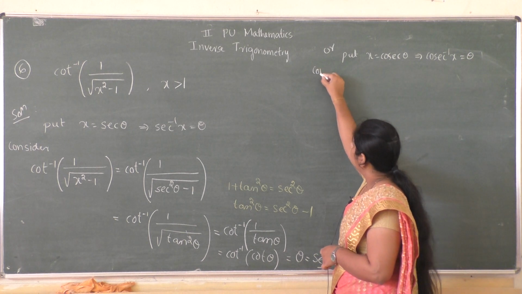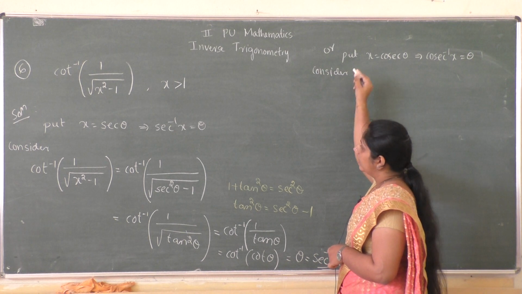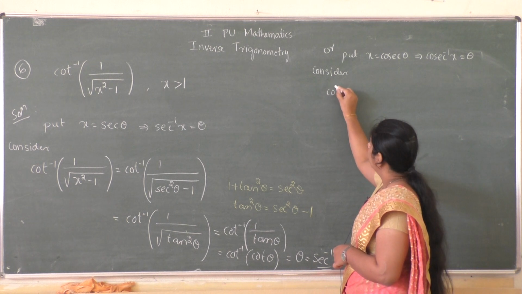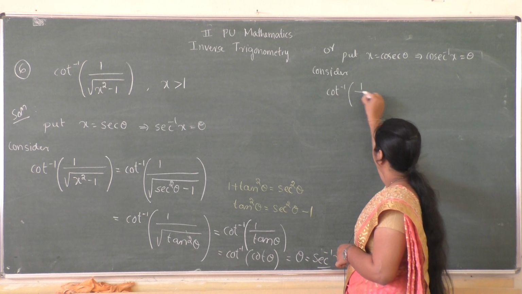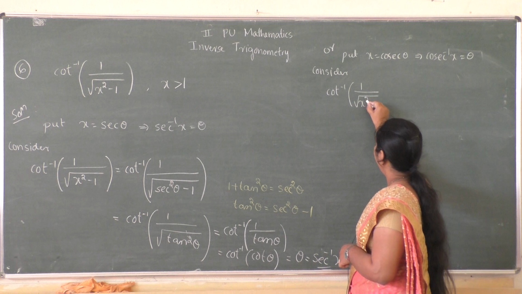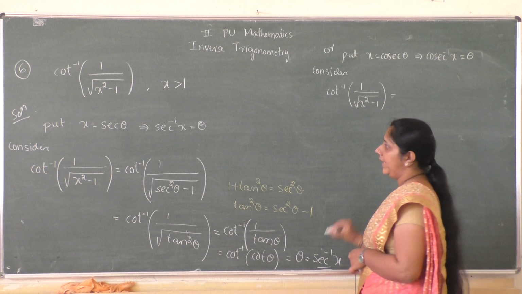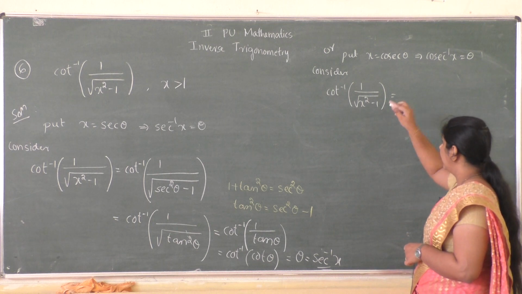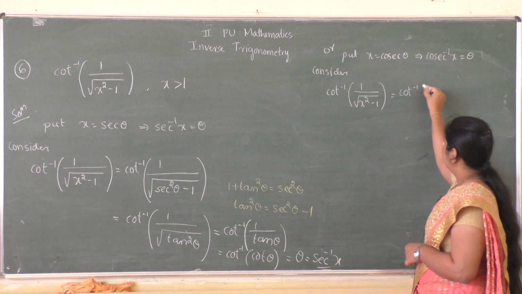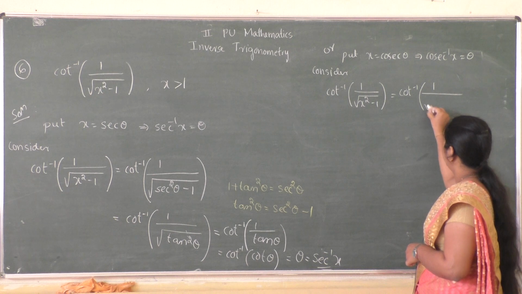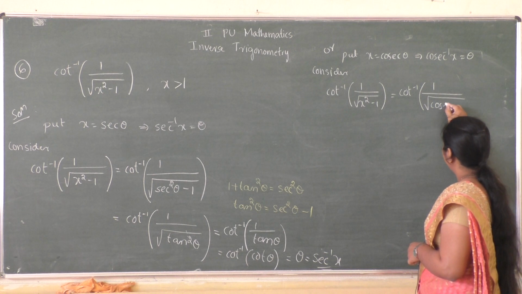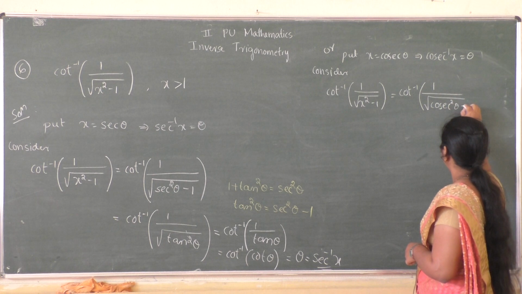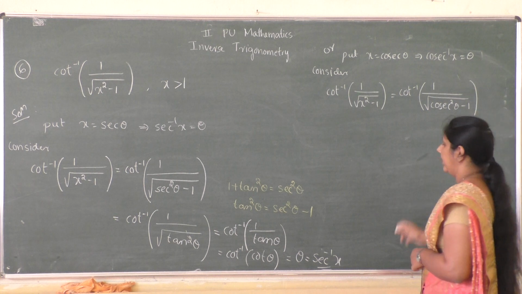Now consider the given question, that is cot inverse of 1 by root of x square minus 1. If we substitute x equal to cosec theta, it becomes cot inverse of 1 by root of cosec square theta minus 1.